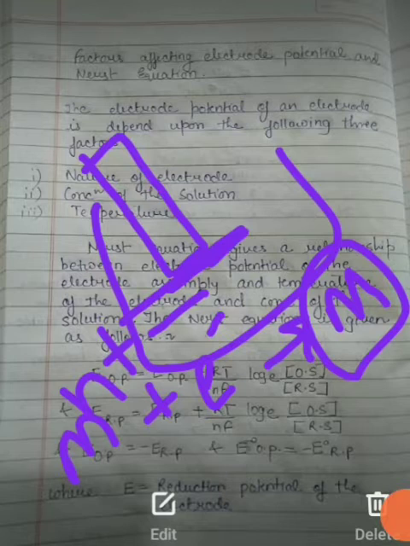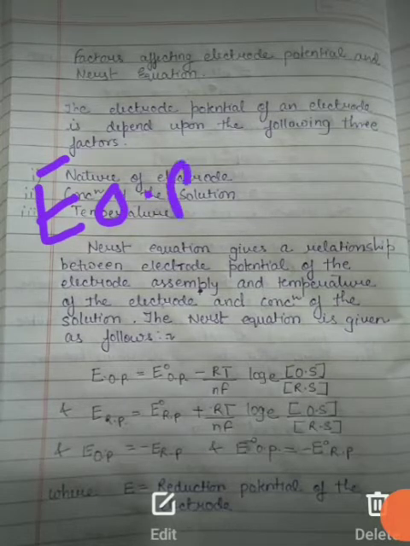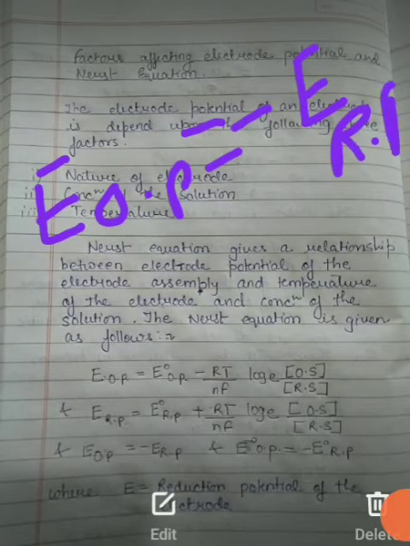So for this chemical change, you can say that oxidation potential is equal to minus reduction potential. Let me write it, what I am saying. E oxidation potential will be equal to minus E reduction potential.